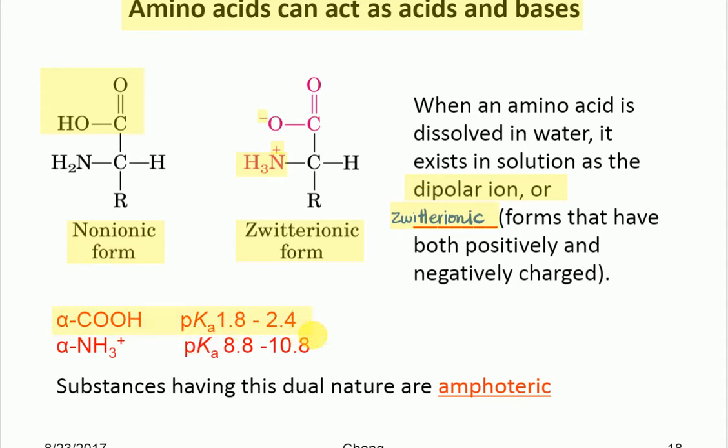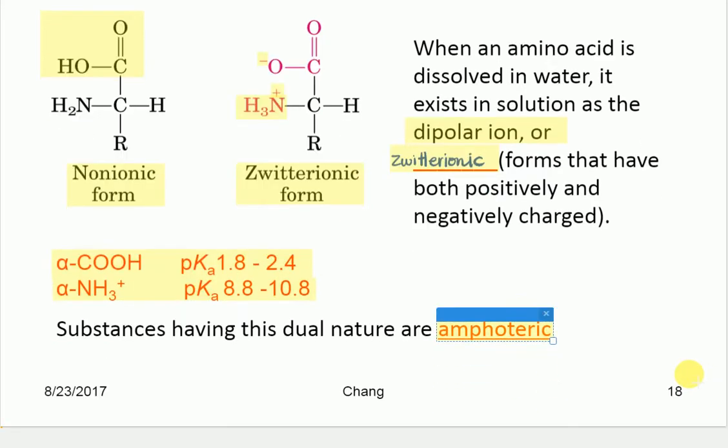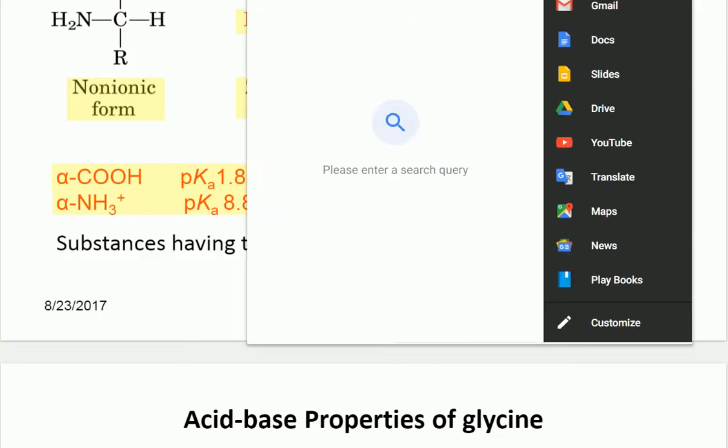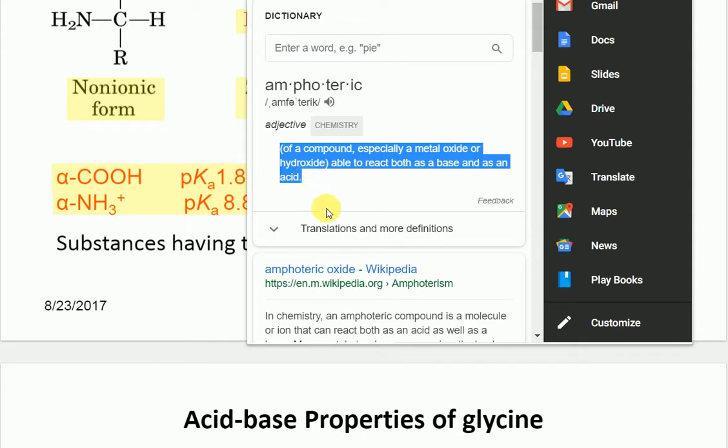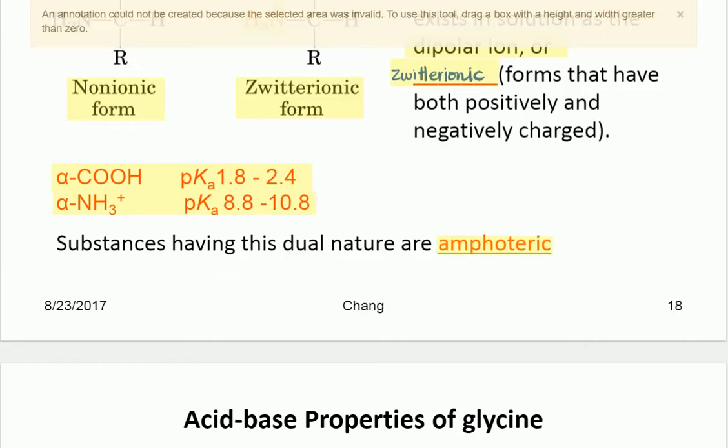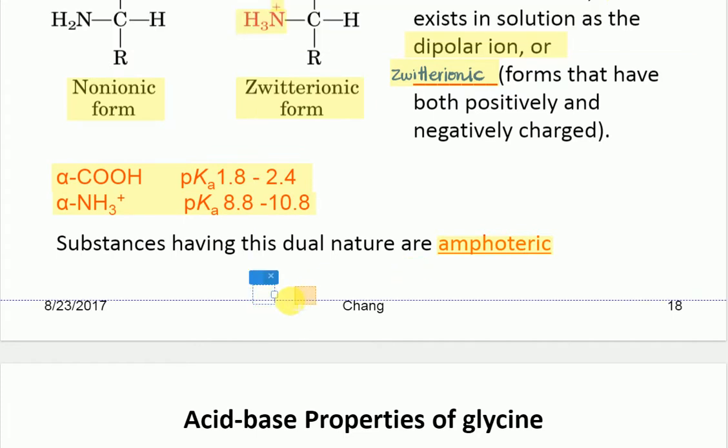For COOH, this is the pKa in this range. And for this, when an amino group is added, pKa is like that. Substances having this dual nature are amphoteric. Now, let's find out what amphoteric is exactly. Of a compound, especially a metal oxide or hydroxide, able to react both as a base and as an acid. Okay, that makes sense. Let's just put that right here.